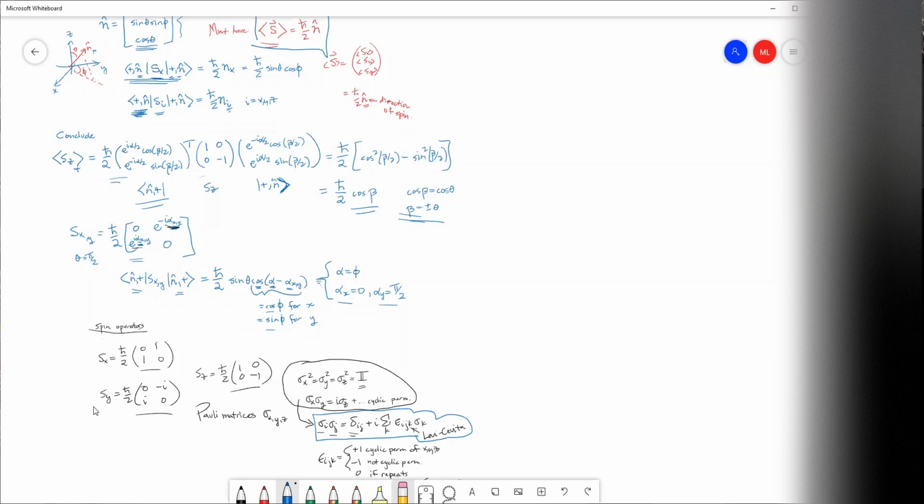So you can't have simultaneous eigenvectors of spin along z and spin along x and y. So they're incompatible measurements. If you have a spin, it doesn't have a well-defined angular momentum along both, say, z and x. It can only have it along z. And then it'll be indeterminate along x and y.